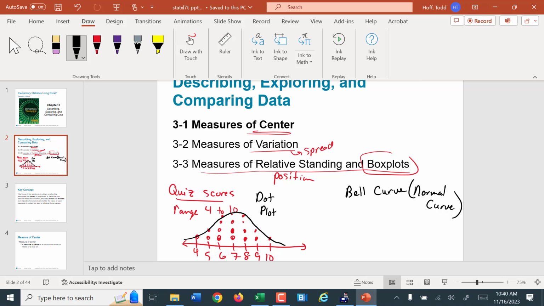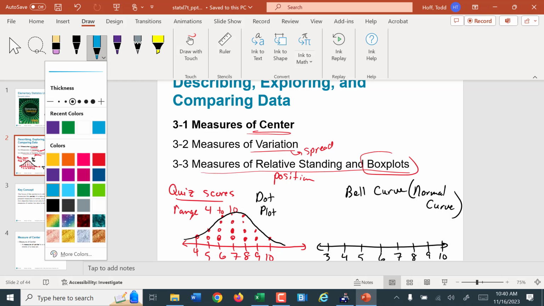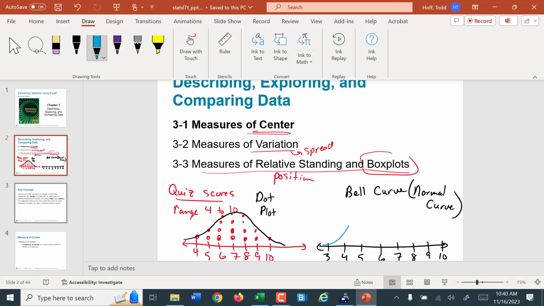Now if I want to describe some distributions, let's take a bell curve that looks something like this.